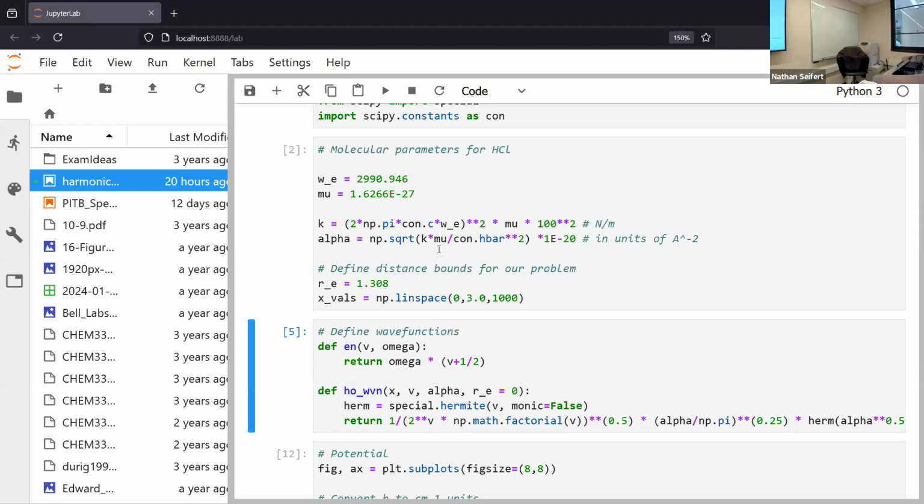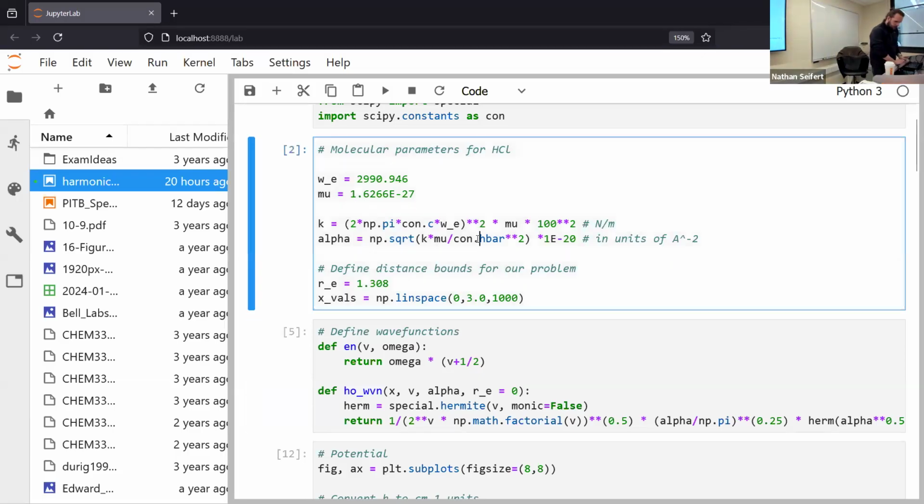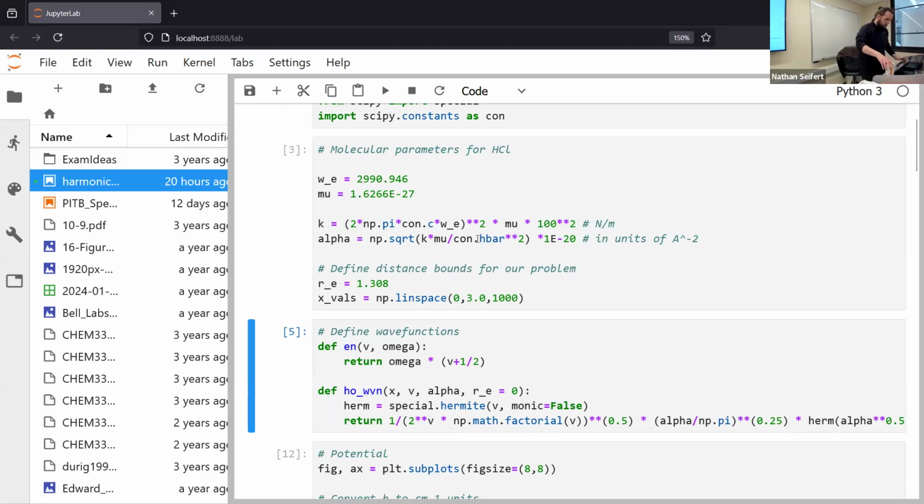It's a lot of unit conversions. So what I've done is I've calculated from some physical parameters the k and the alpha for my system. Here's my k, here's my alpha. Again, don't worry about the formulas right now. And what I'm going to do is I'm going to calculate the energies of each level. I'm going to calculate the wave functions, and I'm going to plot them.